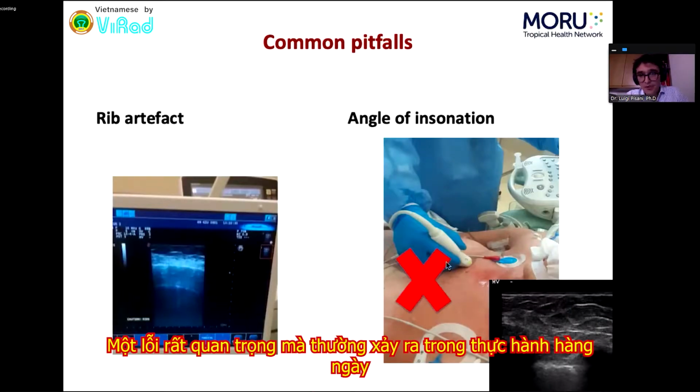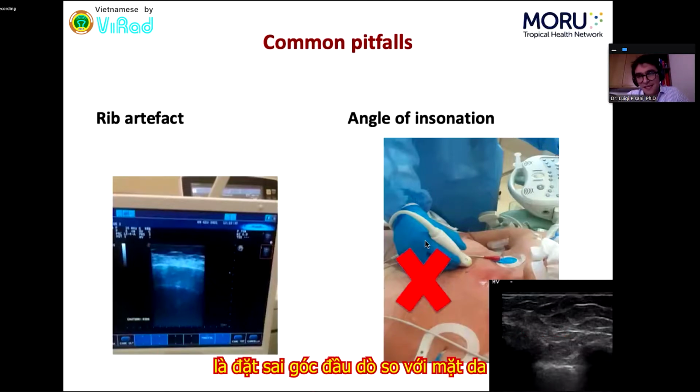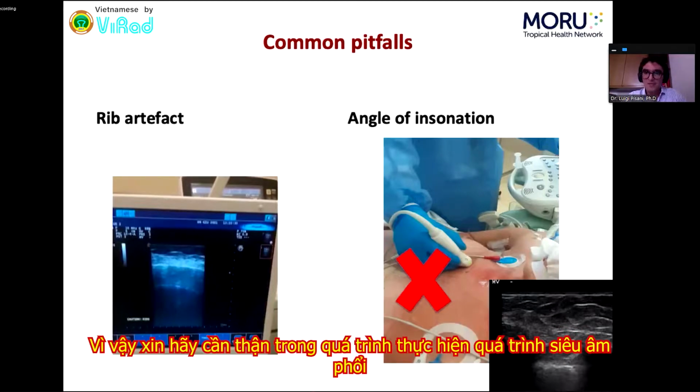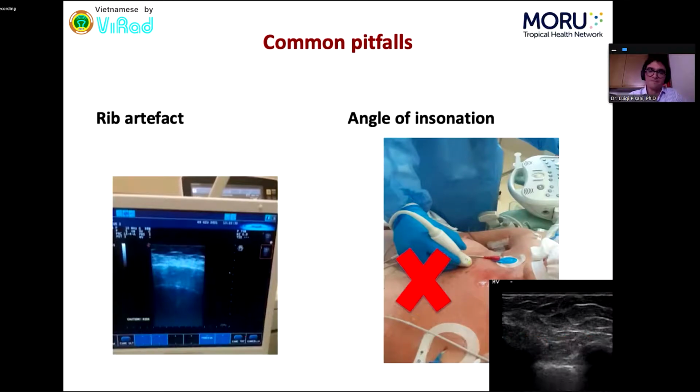One very important error that we make every day is using the incorrect angle of insonation. The probe must be perpendicular to the skin, perpendicular to the lung surface. Otherwise, you will get conditions that look pathological, but they are not. So please be careful how you scan during lung ultrasound.